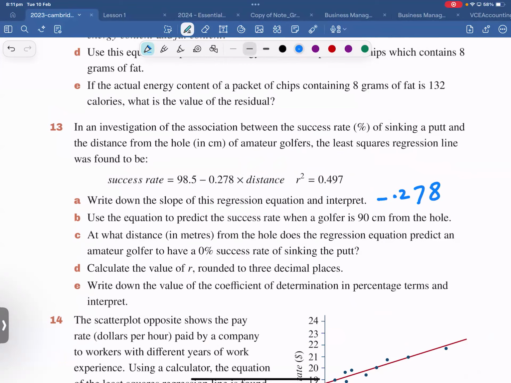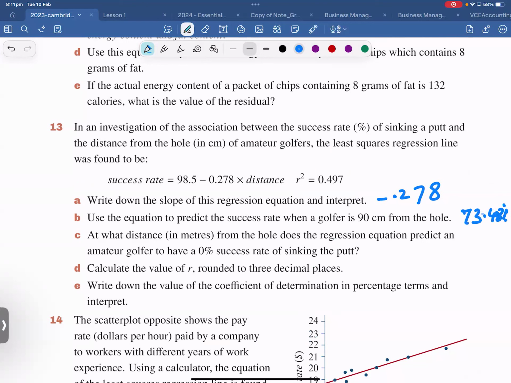What's the answer for B, guys? 73.48%. They haven't asked us to do it in one decimal.